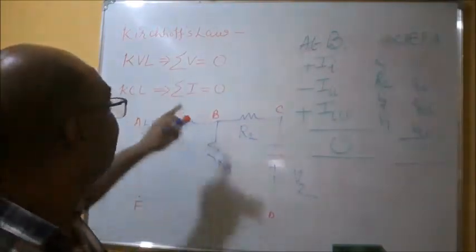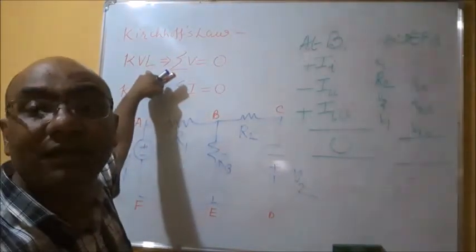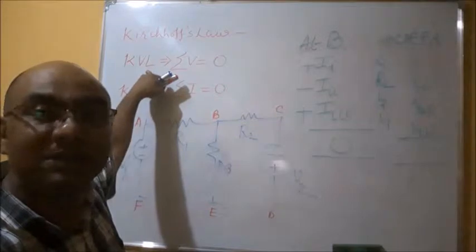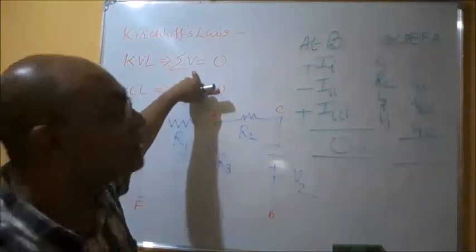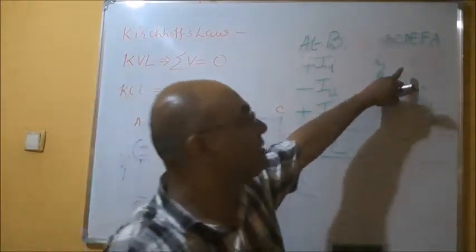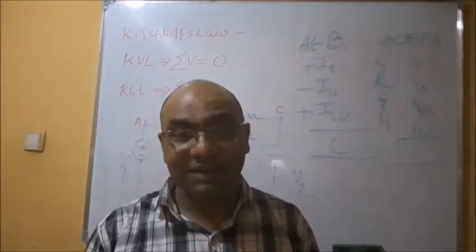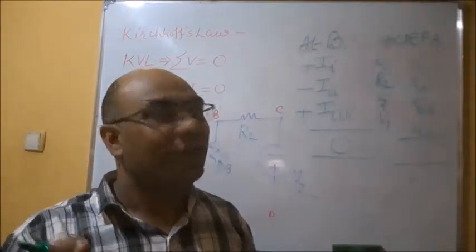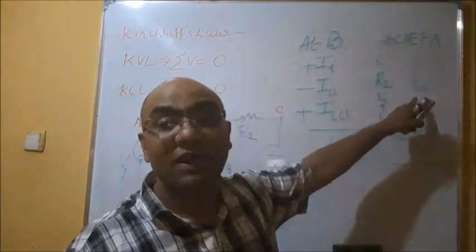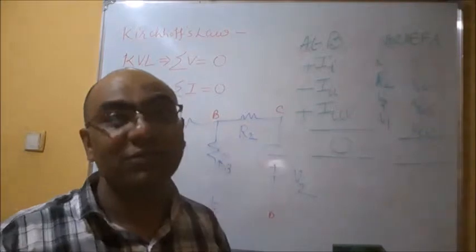So what does your KVL say? Your KVL says that the sum should be 0. So the sum should be 0 means V1, V2, V3, V4 we will add algebraically. Algebraically means that whatever the polarity of the voltage, you have to take it as either positive or negative.